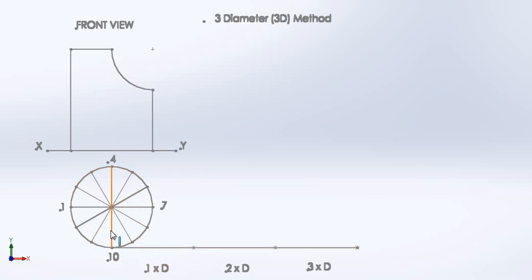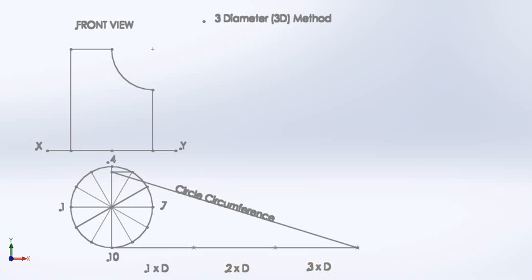In this case, this diameter was given as 40. So I've taken the distance from here to here as 40, from here to here is 40, and from here to here, 40. So in total, I'll have 40, 80, 120. There we go, 3 times my diameter.